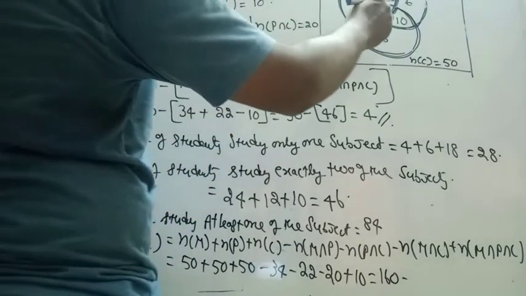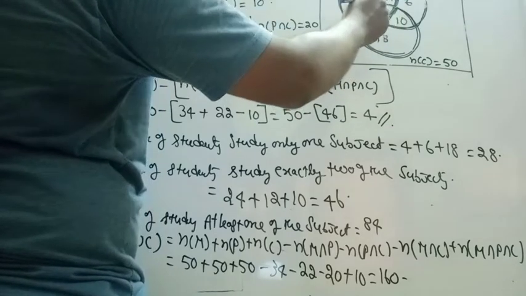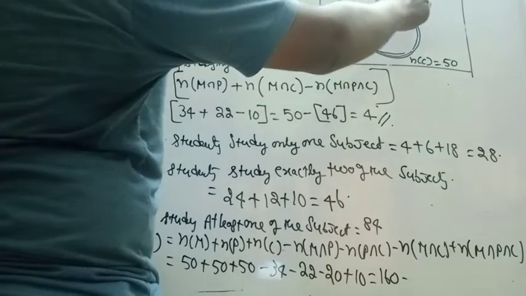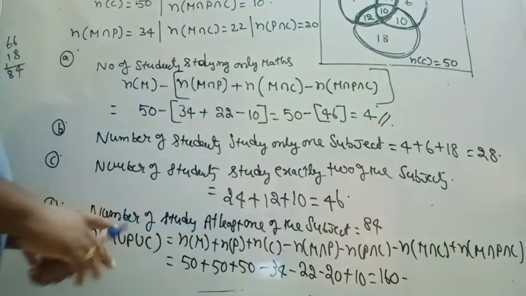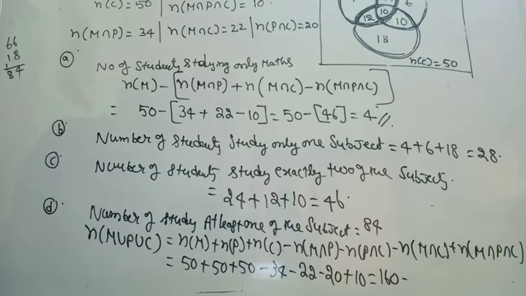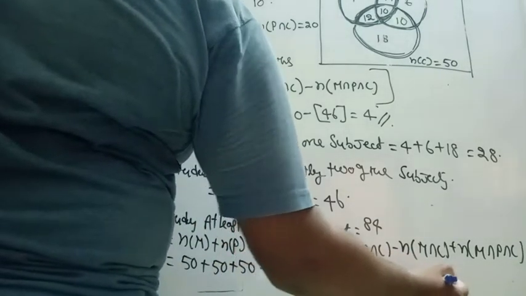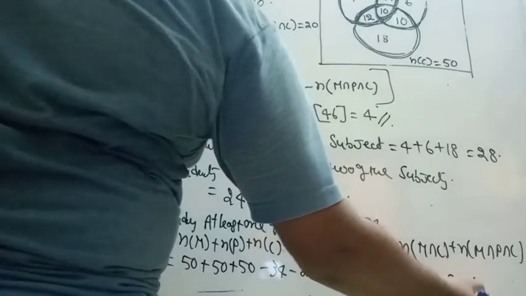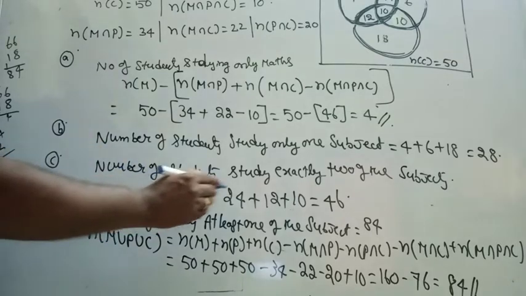We have got 24 plus 10, 34, 34 plus 4, 38, 50, 56, this is 66, 66 plus 18. Now this is 76... this you will be getting as 84. Such a beautiful way. In the same way, you have got this problem: 84 students study at least one of the subjects.